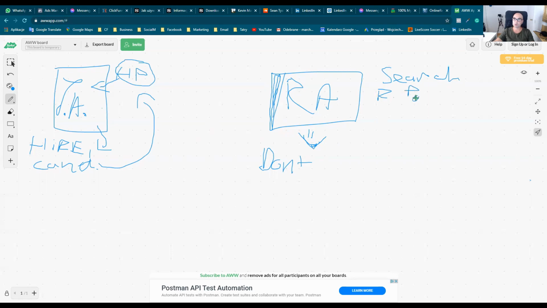The recruitment process means they are talking to the candidates, gathering information, looking for those candidates, right? And then they send those candidates not to HP, but to the job agency, and this is how they make money.